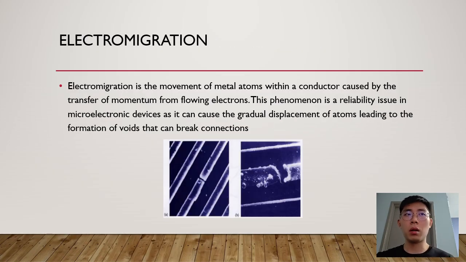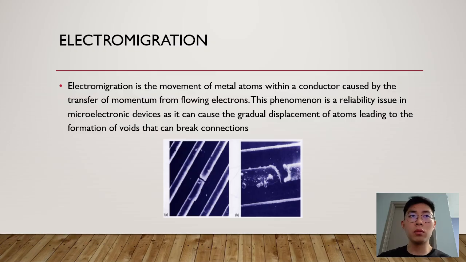Lastly, I will discuss electromigration. Electromigration is the movement of metal atoms within a conductor caused by a transfer of momentum from flowing electrons. This phenomenon is a reliability issue in microelectronic devices and can cause a gradual displacement of atoms, leading to the formation of voids that can break the connection and cause an open circuit in the design.